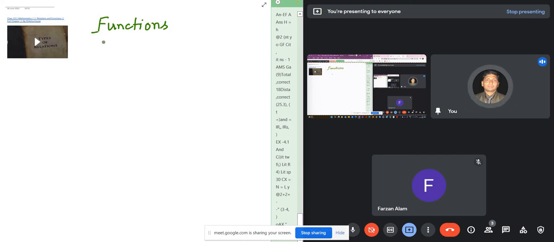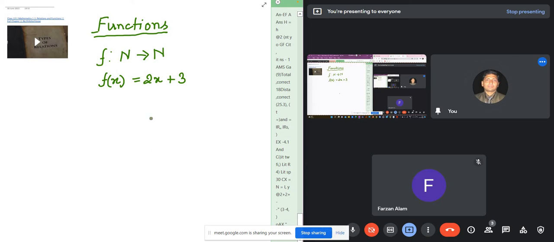Suppose a function f, suppose N to N, right? And define as f(x) equals 2x plus 3.